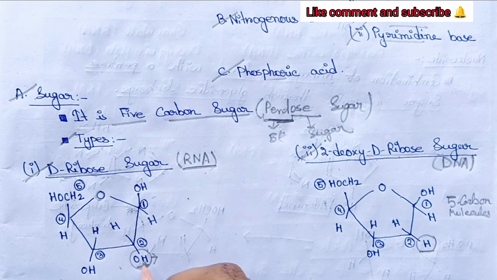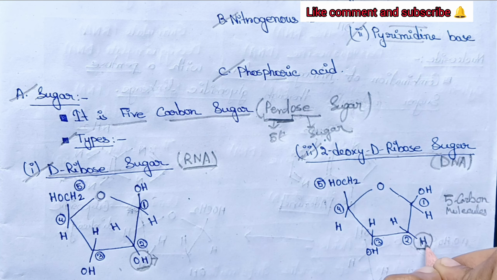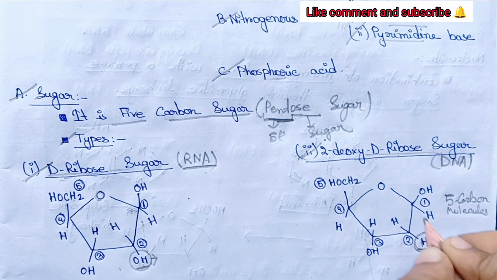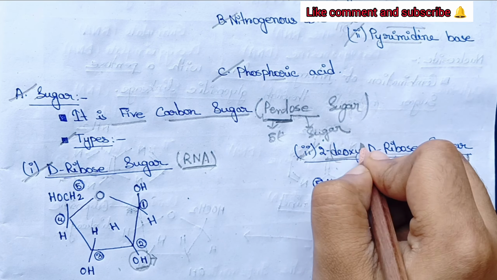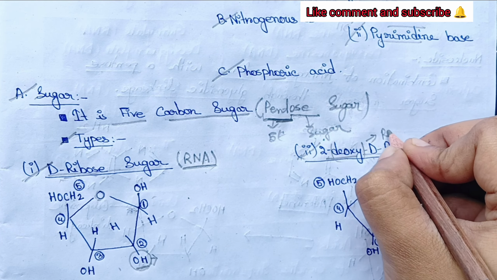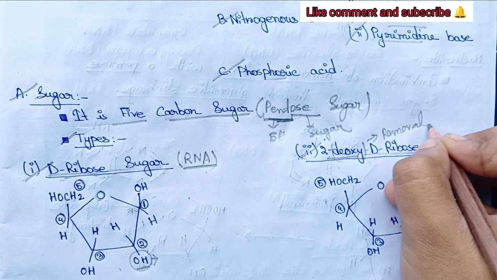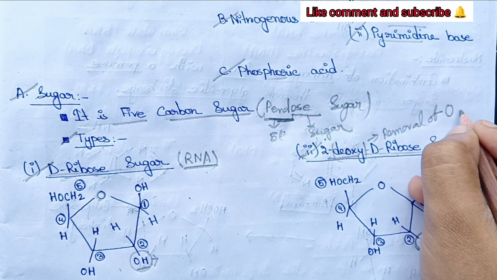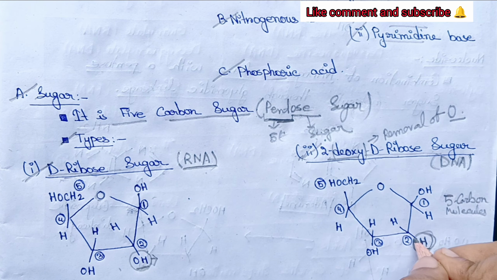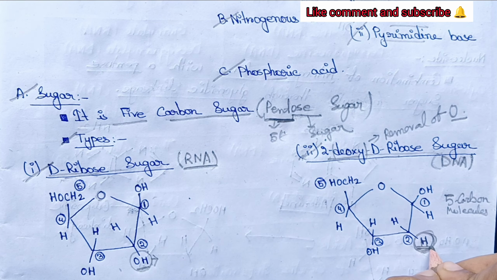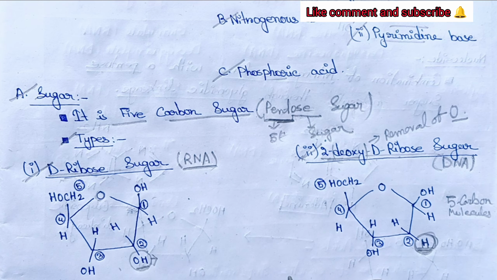There it is an OH group and here it is only an H group. So it's called deoxyribose. Deoxy means the removal of oxygen. Here the oxygen is removed, so it is called 2-deoxyribose.